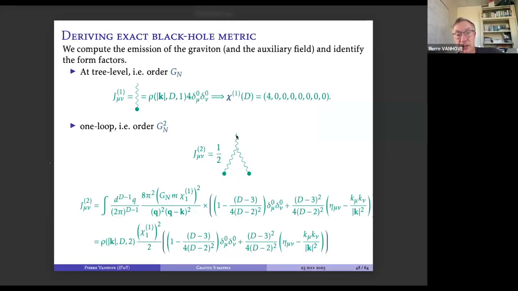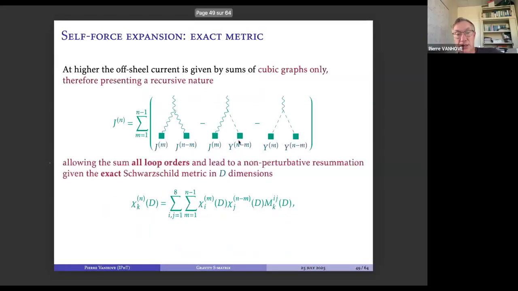Here I emit only a graviton. This is the graviton external line, but as well the auxiliary field can propagate. You can as well look at the emission of the auxiliary field if you want, but if you just want the waveform, the h mu nu, it's the only thing you need to compute. But you need to know the contribution of the auxiliary field, otherwise you don't have the recursion. So this is a recursion relation, like from a cubic interaction that people are familiar with in gauge theory.